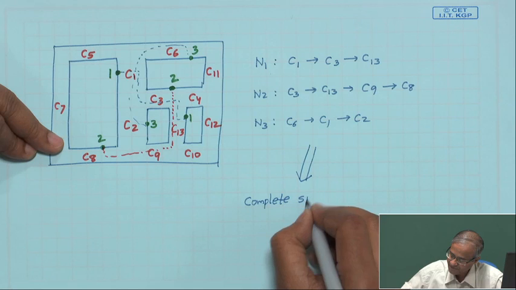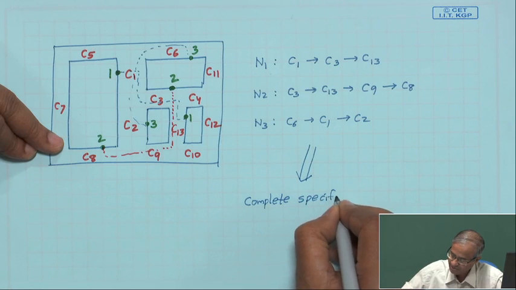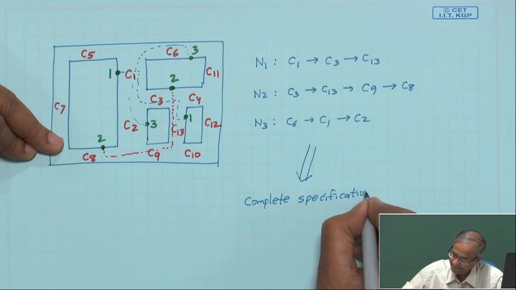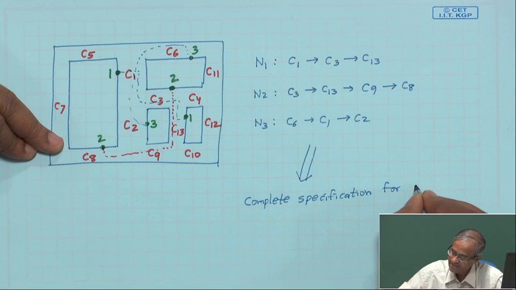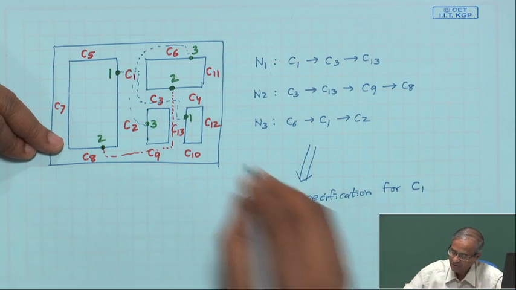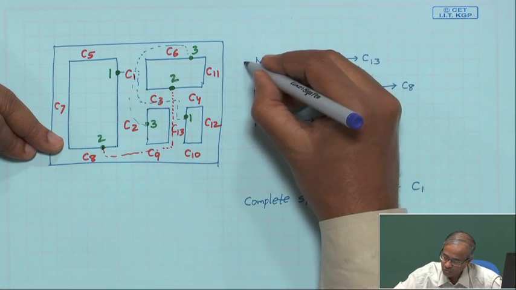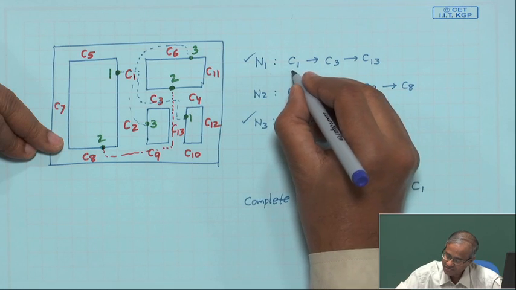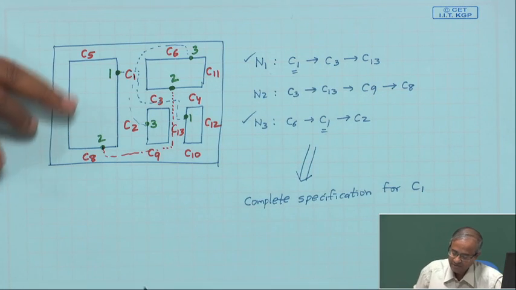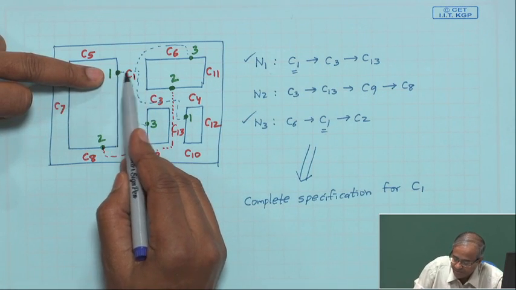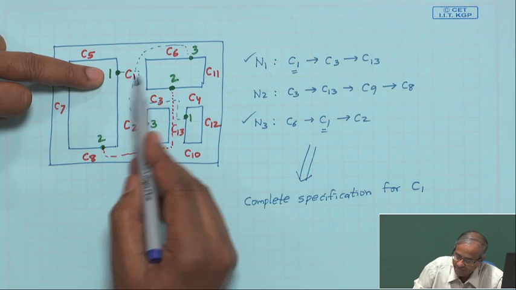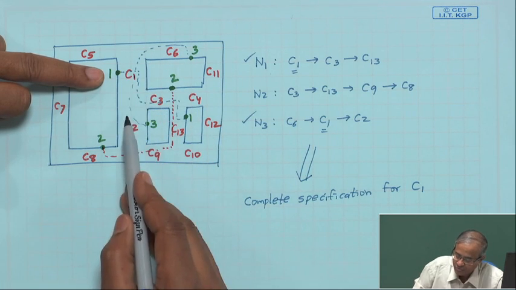From this I get a complete routing specification, let us say for channel C1. In this example 2 of these nets are passing through C1. For the first net it is coming from here, it is going here. For the second net it is coming from here, it is going here.